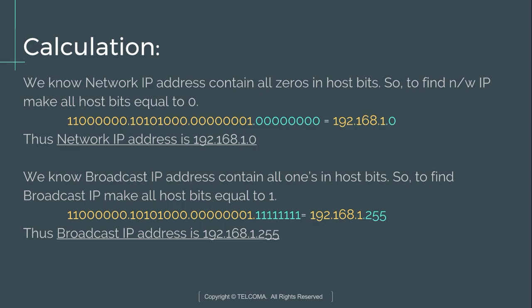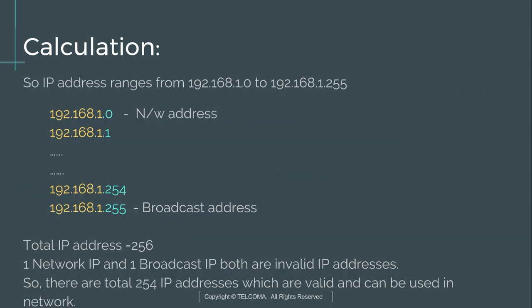And now we have to calculate the broadcast IP address. To calculate the broadcast IP address, make all host bits equal to 1. Making all host bits equal to 1 gives the broadcast IP address, that is 192.168.1.255. This is the broadcast IP address of the given IP address.